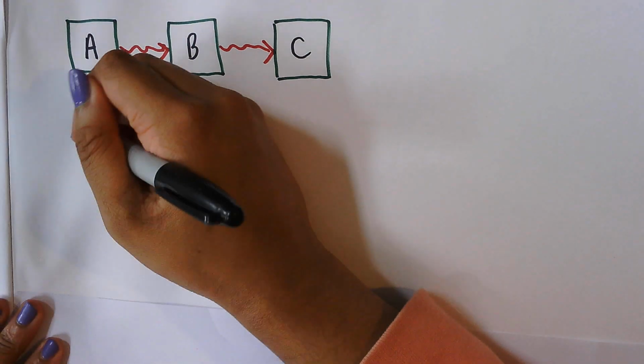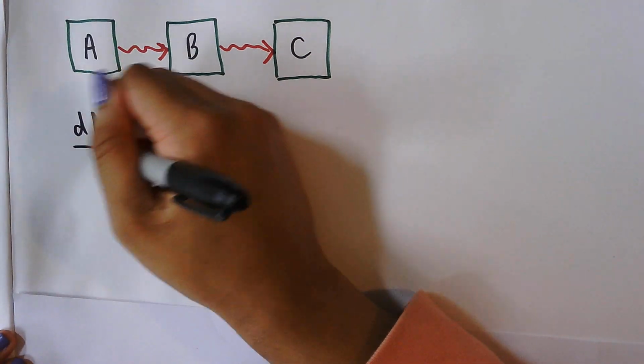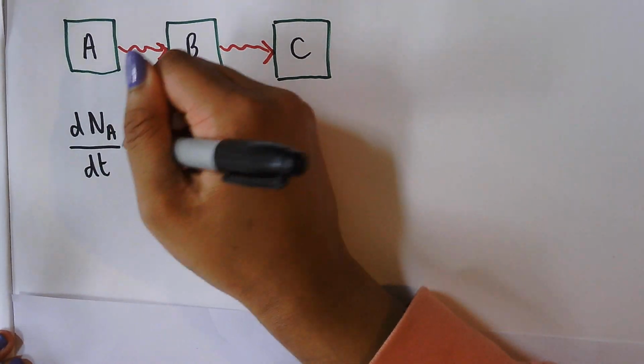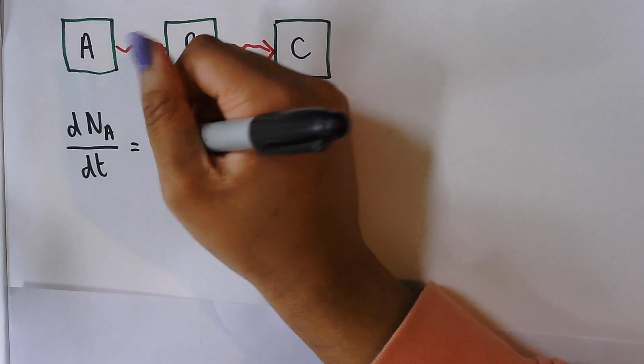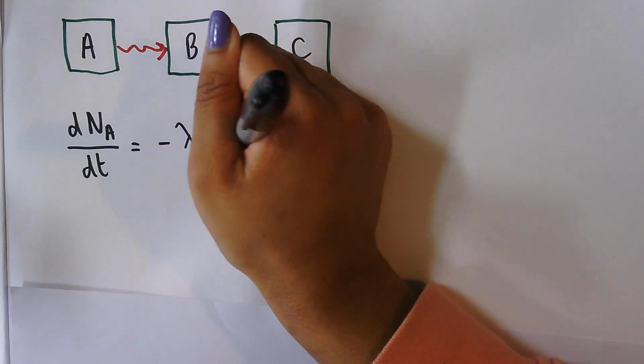So we can write dNA, so NA is the number of nuclei of element A, dt, that is equal to minus lambda A NA.